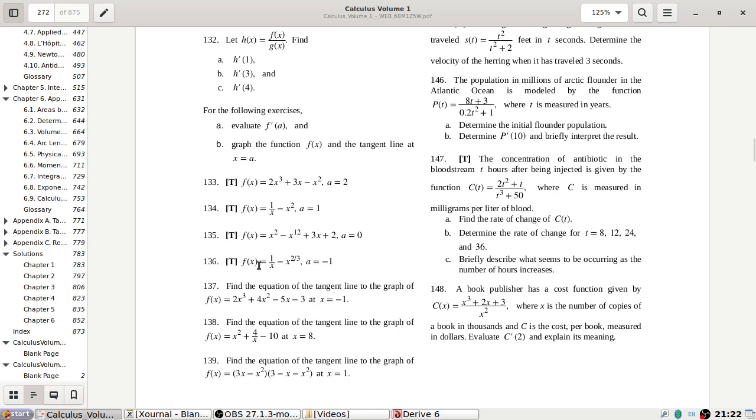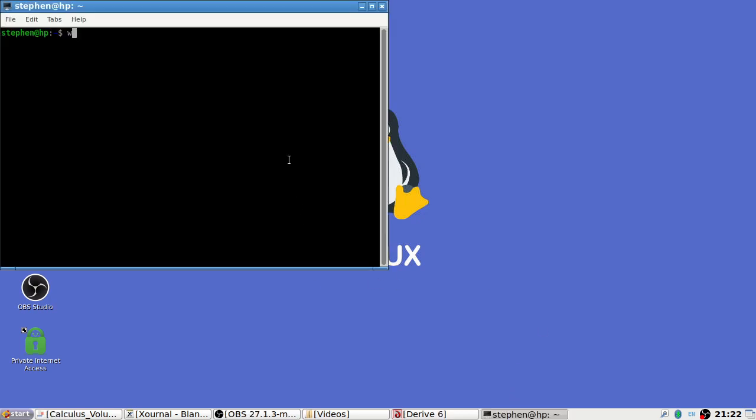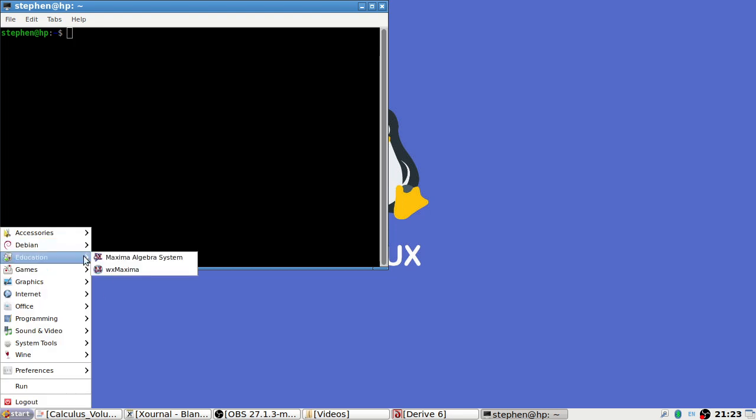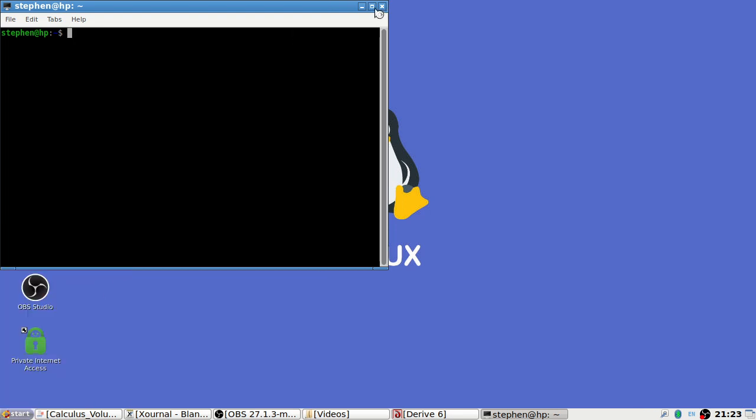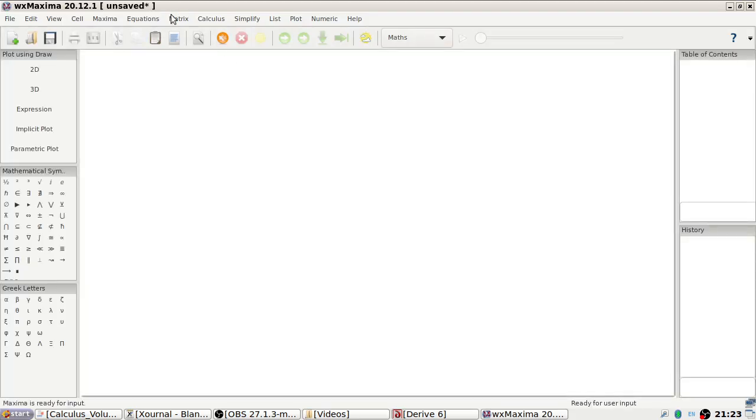I'm not sure how to do derivatives in Maxima yet. I haven't looked that up. Give it a try, see what happens. Let's give it a try. We've got calculus here.